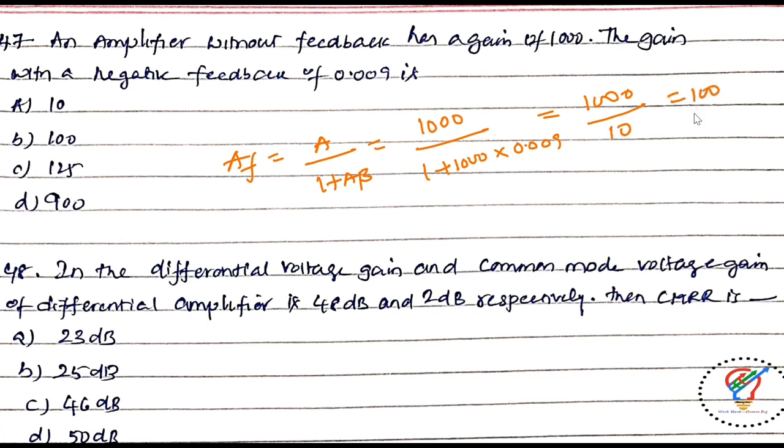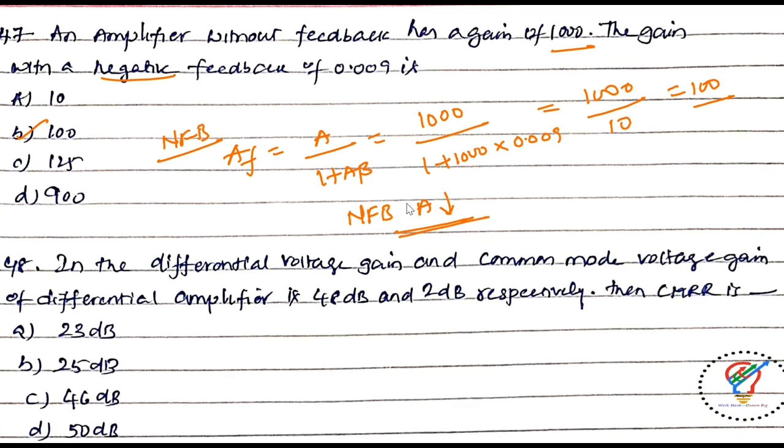So it is 100, that is the answer. What you can observe here is that the amplifier without feedback has a gain of 1000, but the same amplifier with negative feedback has a gain of 100. That means by using negative feedback the amplifier gain decreases. That is the conclusion from this question. Next one.